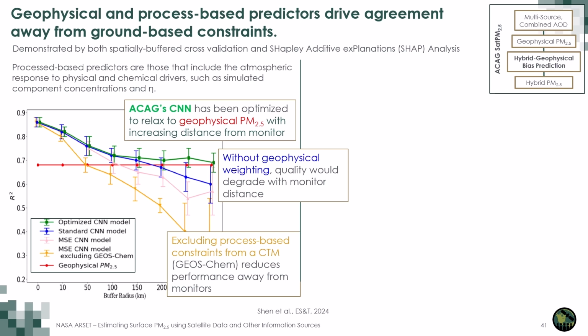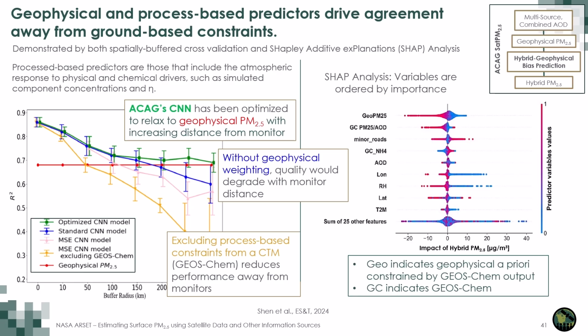More advanced models that did include predictors based on CTM output fared better, but again within about 100 to 150 kilometers underperformed the results provided by the geophysical PM2.5. Our CNN model has been optimized in a way that recognizes the relative strength of the purely geophysical estimates with increasing distance to the training sites. This allows improved agreement compared to the geophysical estimates alone, even at great distance from monitor locations.